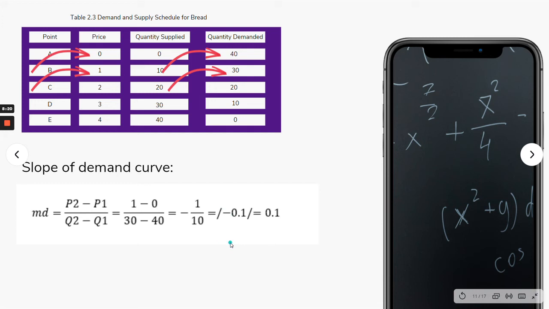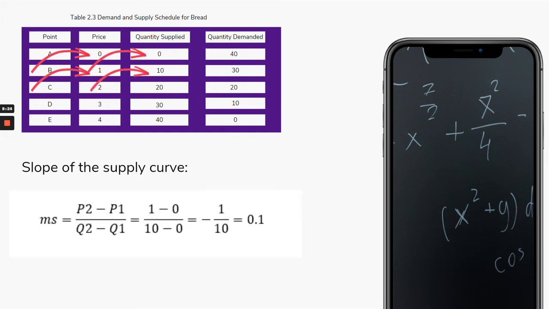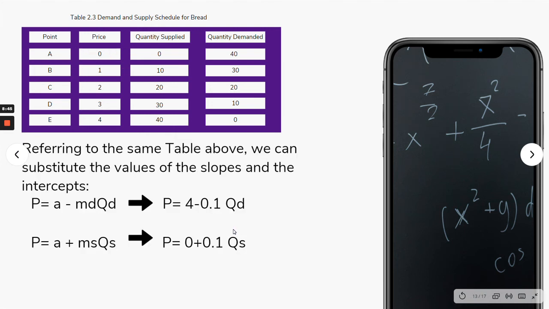Now let's solve for the slope of the supply curve. So MS is equal to P2 minus P1 over Q2 minus Q1, and you'll get an answer of 0.1, right? So after this, using the same table, we will go back to our formula.